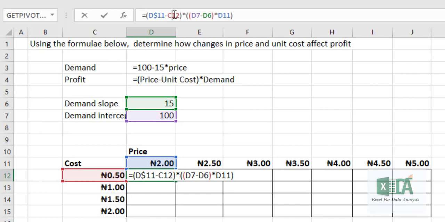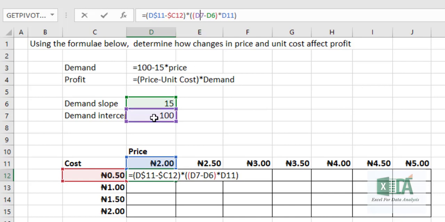C12, we're going to copy the formula from 12 to 13, 14, 15, which means the column C must remain fixed. So when you are copying the formula to the right side, it won't shift from C to D. So I'm going to put a dollar sign in front of C. Then we move to D7.